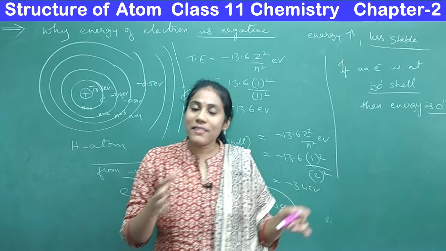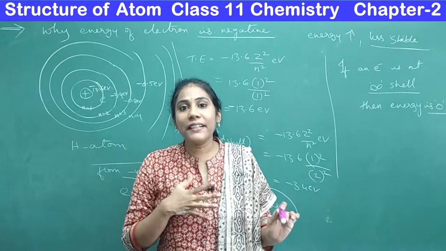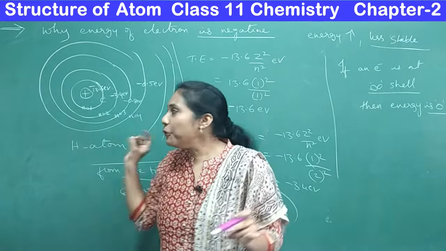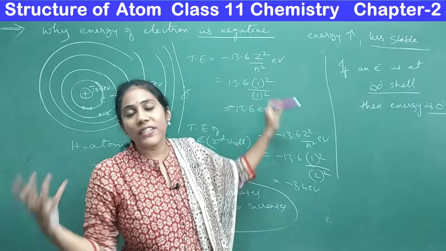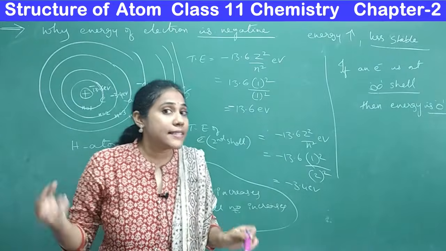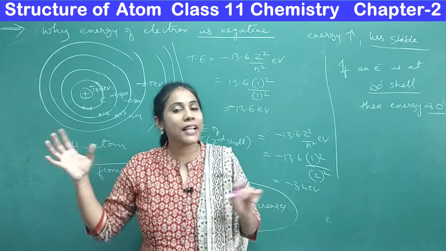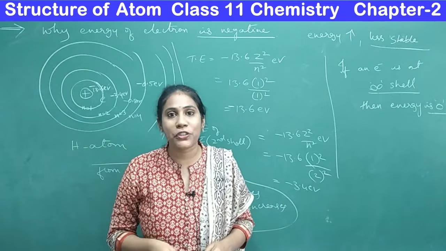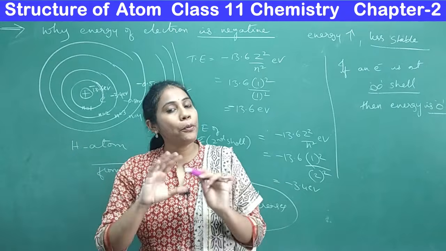We will discuss more detailed aspects of hydrogen spectrum, and before that let us discuss numericals on all these Bohr's formulas. Whatever formulas we studied, let's see how numericals can be asked for board examination as well as competitive examination. So my next video is on numericals of Bohr's theory.